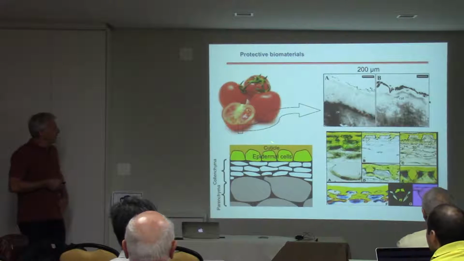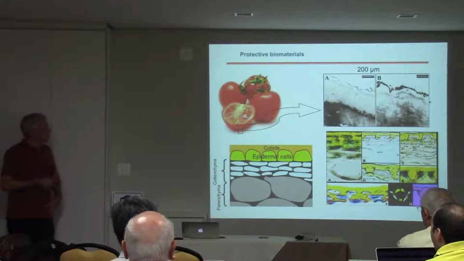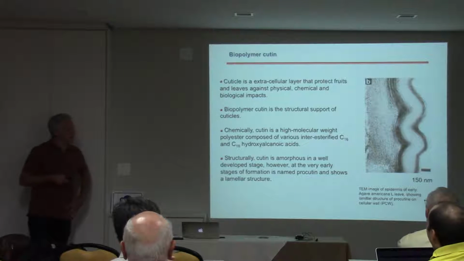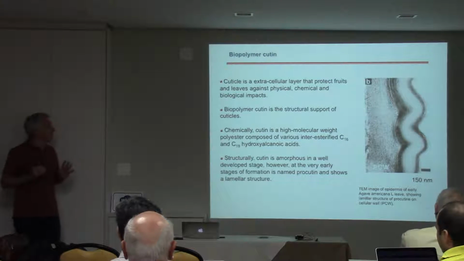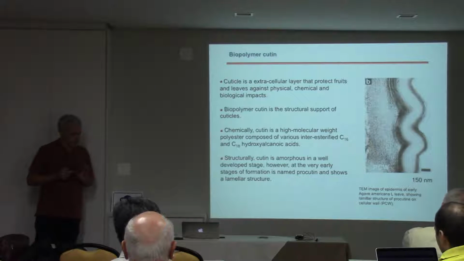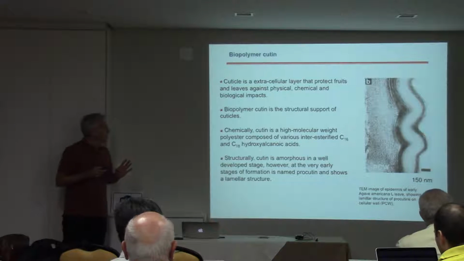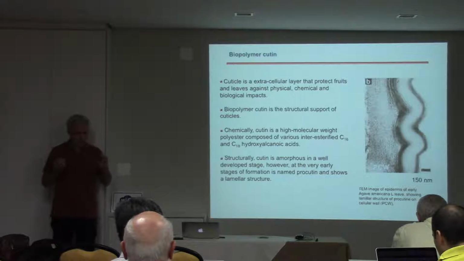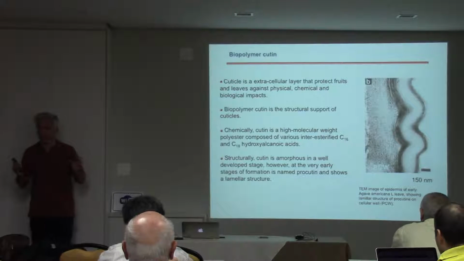This skin is formed by the cuticle. The cuticle is this extracellular layer that protects the fruit and the leaves. The biopolymer coating is the main chemical structure that forms this system.